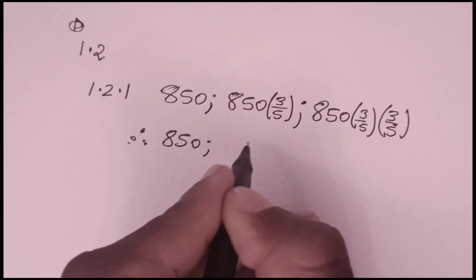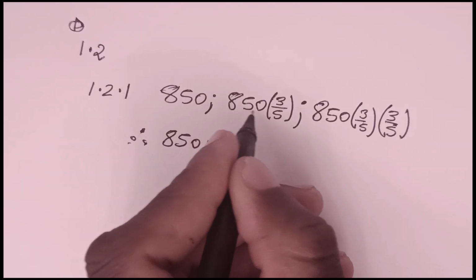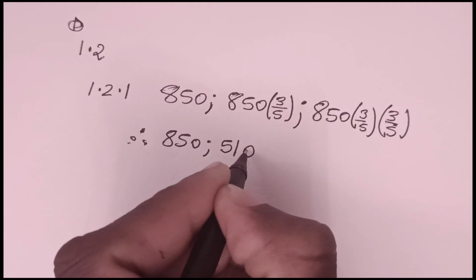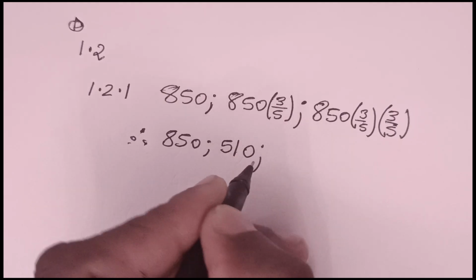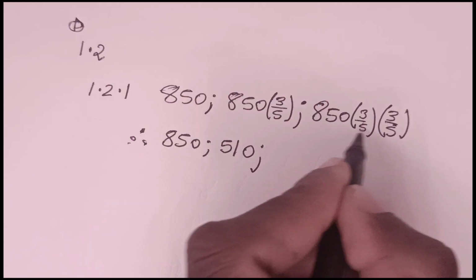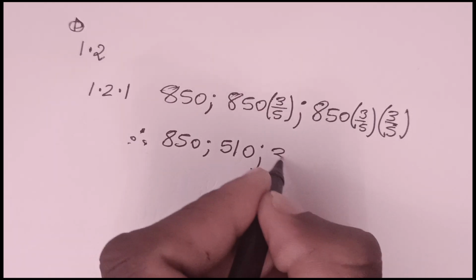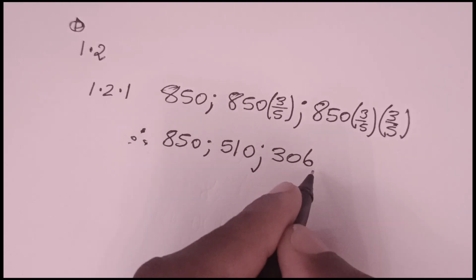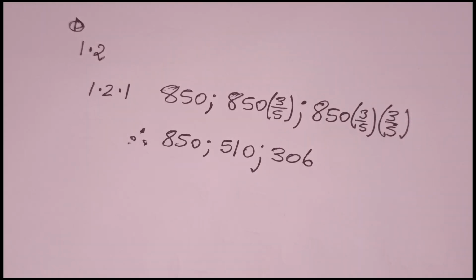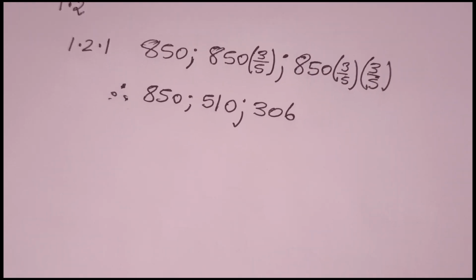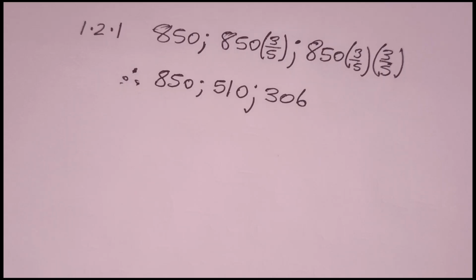The second term, 850 multiplied by 3 over 5, should be 510. And 510 multiplied by 3/5 must give you 306. And those are the first 3 terms as per the requirement of that particular question.